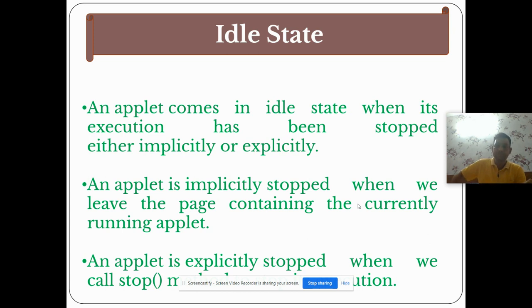Whenever an applet is in running state, and the user moves from this tab to the next tab, the applet automatically moves its state from running state to idle state. This transfer is called implicit, and explicit means by using the stop method.